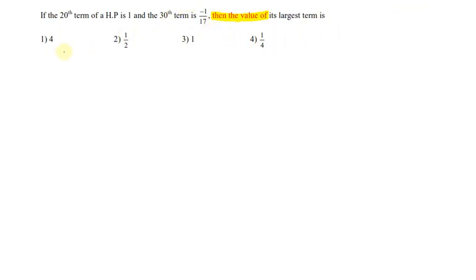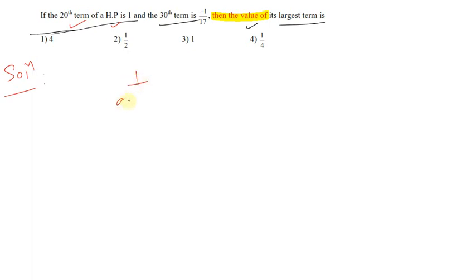If the 20th term of an HP is 1 and the 30th term is minus 1 by 17, then find the value of the largest term. So you know how the HP terms will be. If the terms are in AP, then their reciprocals will be in HP. Now the 20th term in AP is nothing but A plus 19D, where A is the first term and D is the common difference.